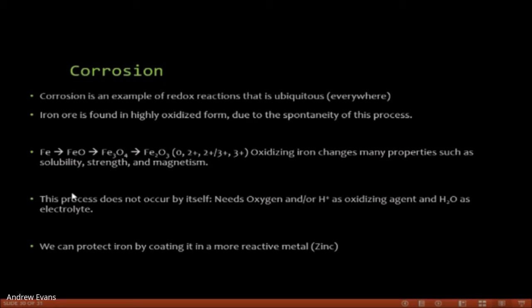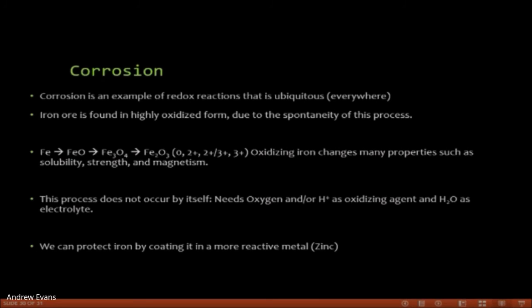Now, this process will not happen by itself. You need two things to occur. You need to make a battery on the surface. To do that, you need oxygen, or possibly protons, as an oxidizing agent, and water as the electrolyte. Just putting iron in the presence of oxygen will not make it rust.